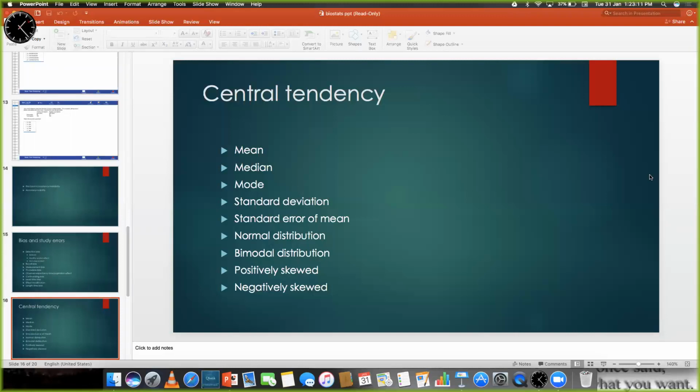A z value of 3 accounts for 99.7%. So if I'm saying that I'm talking about a 95% confidence interval, then obviously you have to keep in mind that you're talking about a z value equal to 2. And if I'm talking about a confidence interval of 99%, then it's a z value of 3.